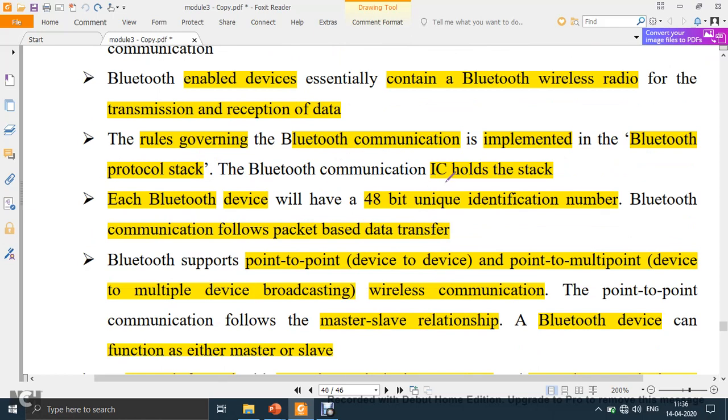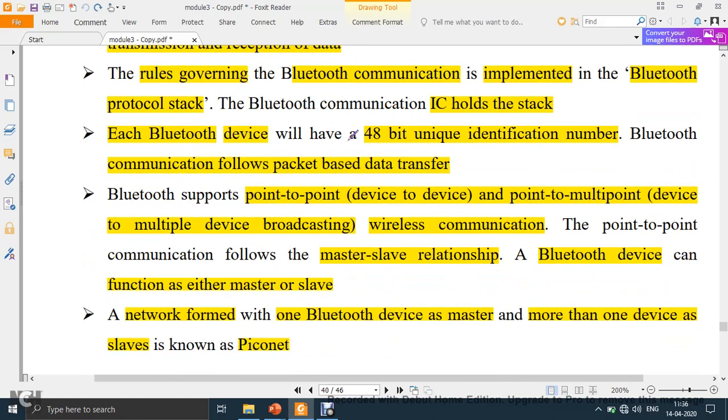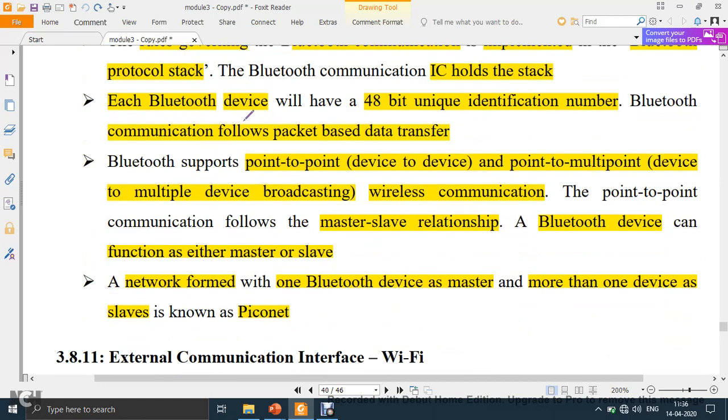So where are these rules available? In the IC. So every Bluetooth device will have an IC, and in that device the rules will be saved. So each Bluetooth device will have a 48-bit unique identification number. It is nothing but, you can say, an address given to every device which supports Bluetooth.